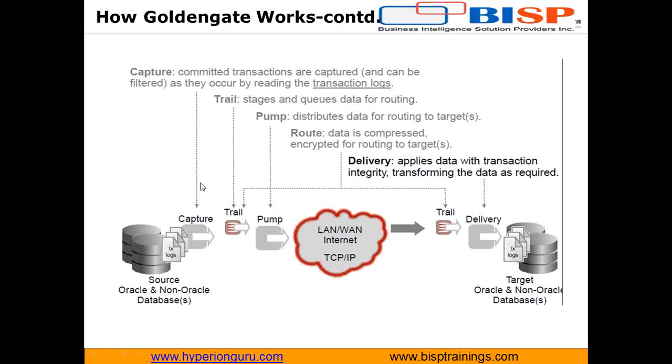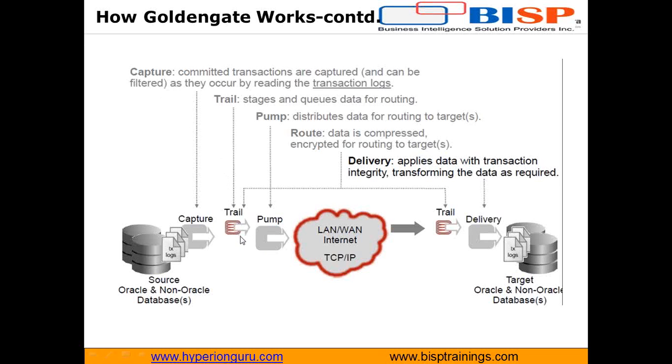Now suppose, for example, I have one table and I have inserted 1 comma ABC. What would happen? The capture process will capture 1 comma ABC and write it to the local trail.